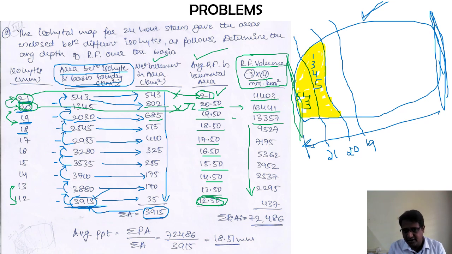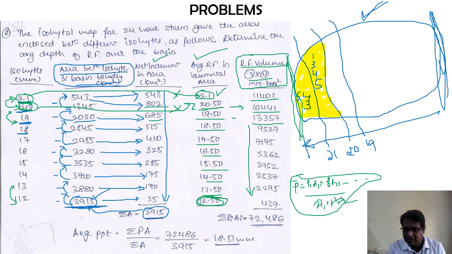If you add this, this is nothing but the numerator that we got. Usually our P bar will be P1 A1 plus P2 A2 plus P3 A3 and so on, divided by the total area, that is A1 plus A2 plus A3 and so on. The same formula is being used here.